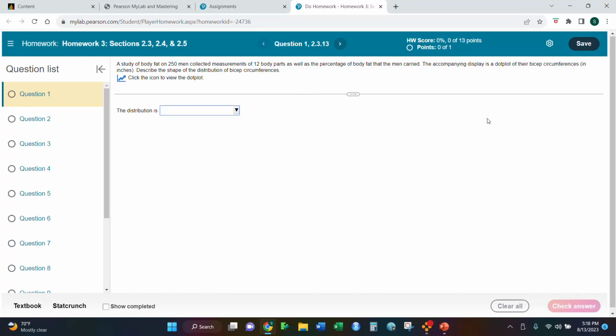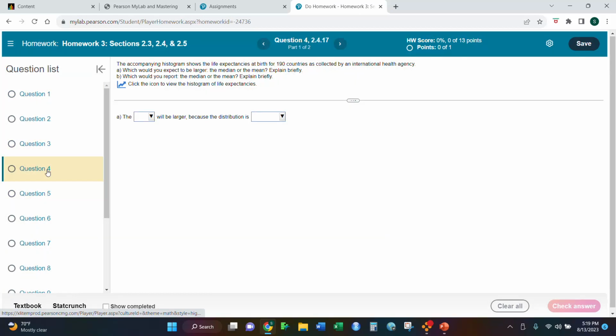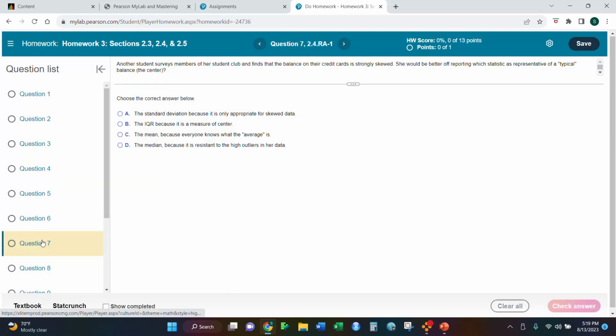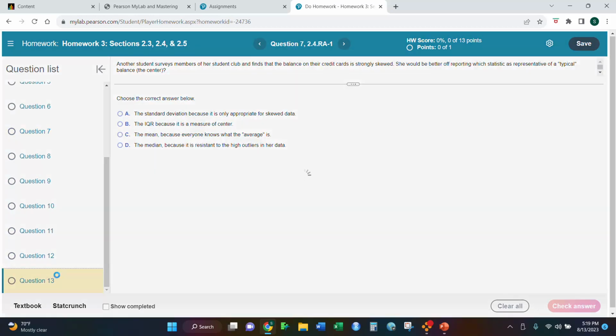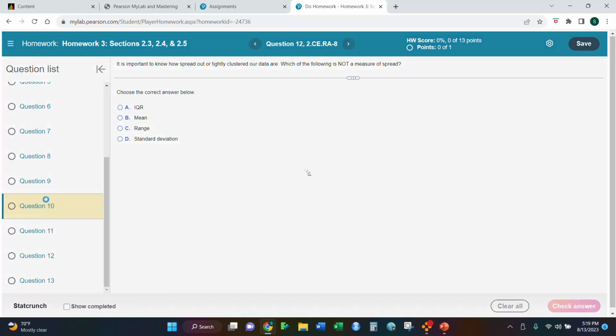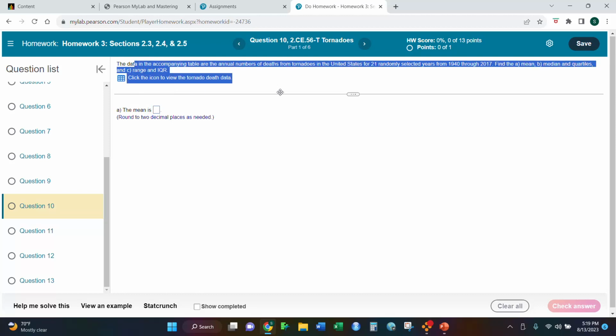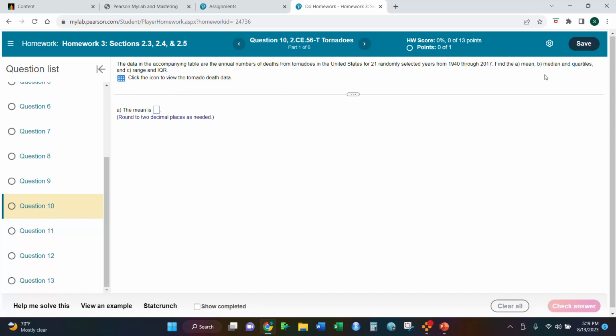Preview, that's what I was looking for. Okay, here we are. All right, finally, one that has numbers in that you need to type in. So this question is asking basically for you to calculate the mean, median, quartiles, range, and IQR.